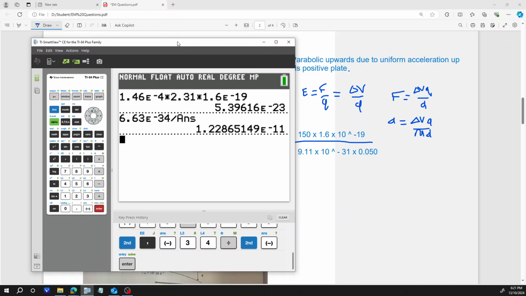Okay, so bracket 150. You need a bracket for this. You've got multiple things multiplying and dividing, it's just not going to work otherwise.